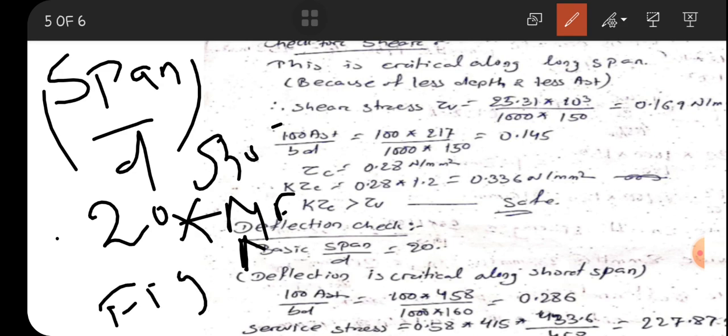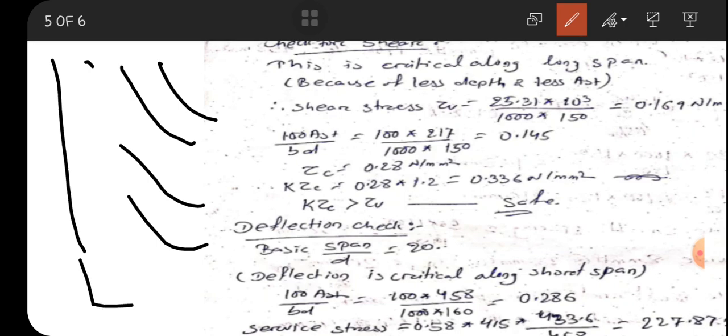d ratio, by multiplying the span by d ratio with modification factor, and this modification factor can be found out from figure 4 by considering PT, percentage of steel, and surface stress, in IS 456 this is given in like that, this is the surface stress direction, and here the modification factor, and here the PT, the corresponding PT and the surface stress will give the modification factor.